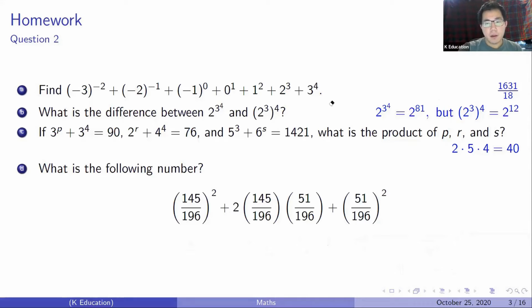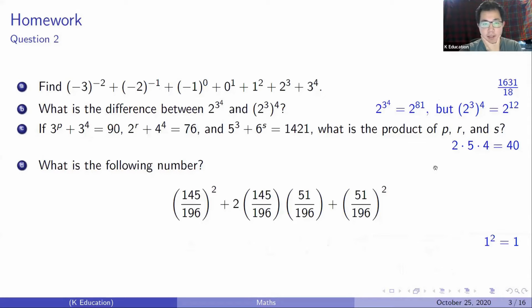So here it's just 1 squared, and that is equal to 1. The hint here, I placed it in a very obvious way, but a lot of people didn't see it. But hopefully now you can. A squared plus 2ab plus b squared. You're going to be seeing that a lot, so it's good to register that anytime you see it.